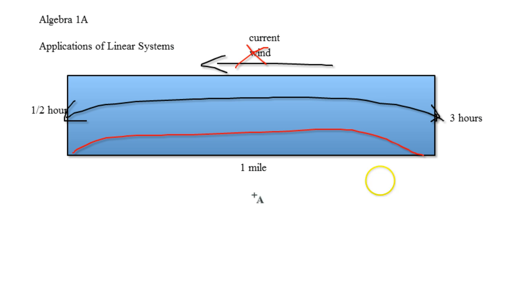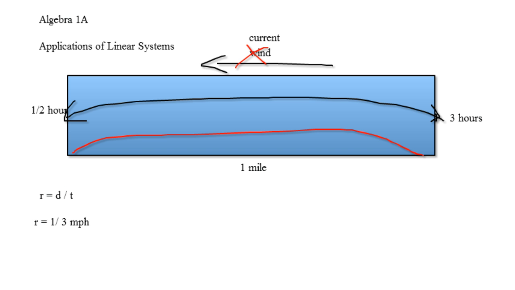First thing you have to do is notice, I'm given time and I've been given distance. To find rate, you take your distance and divide it by time. So in this case, our speed going upstream is going to be 1 divided by 3, so 1/3 of a mile per hour.